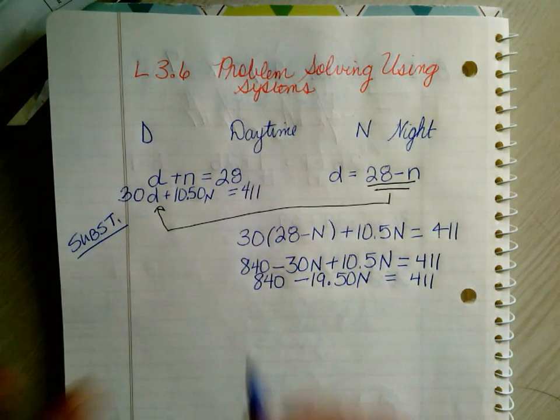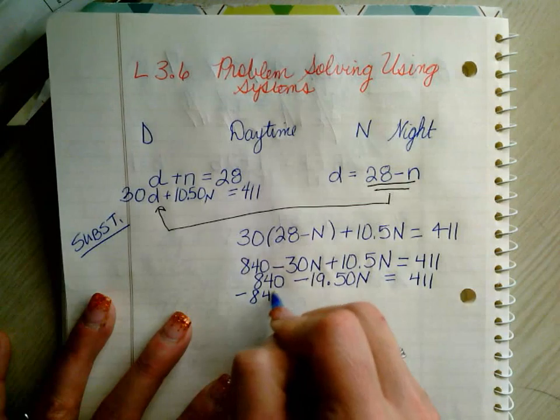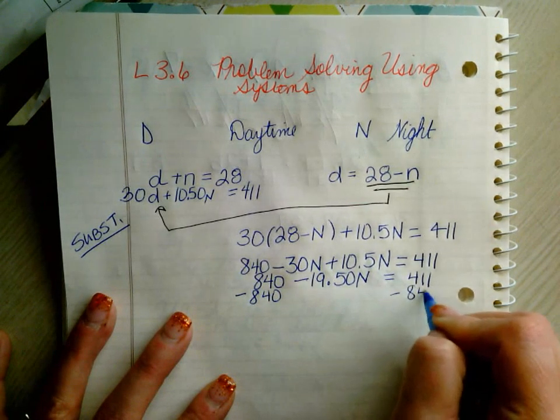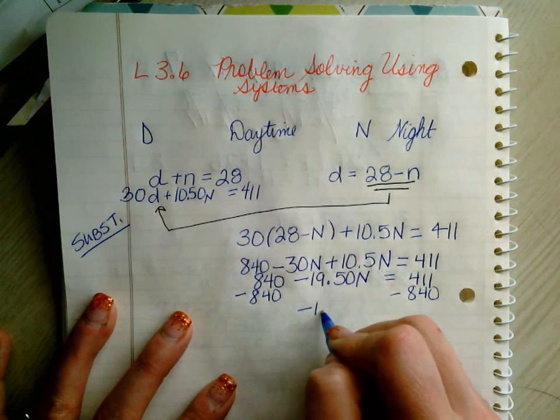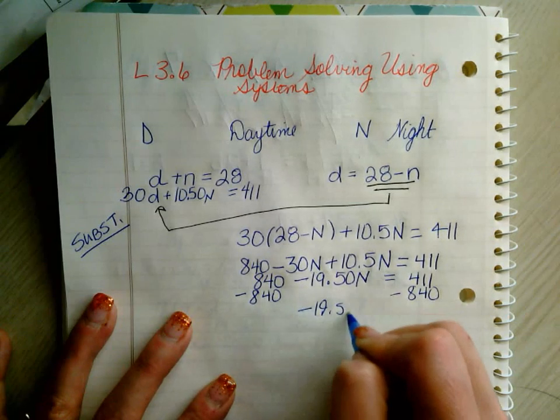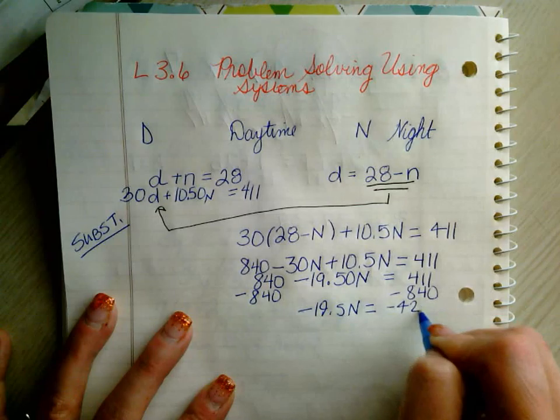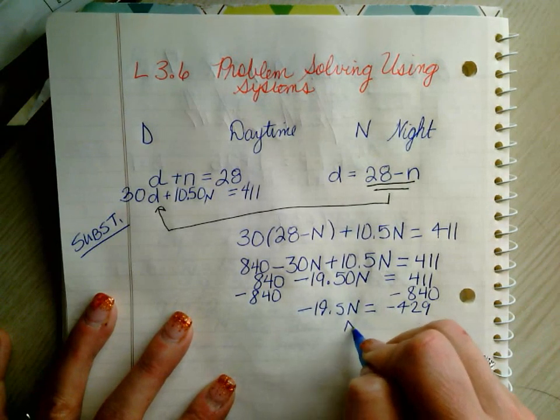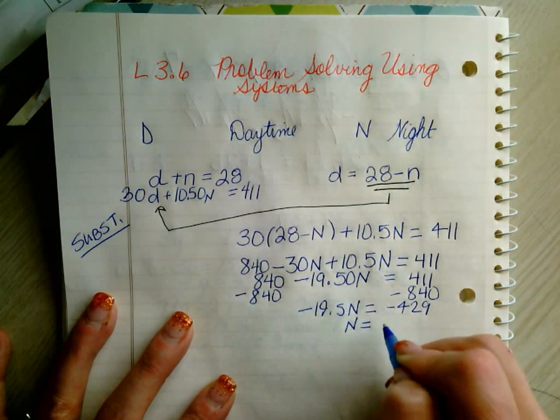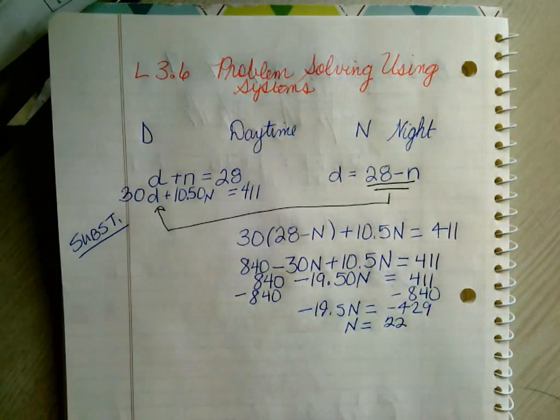So I'm going to move that 840 over to get to where I have negative 19.5n is equivalent to negative 429. When they divide, they get the number of nighttime hours is 22.